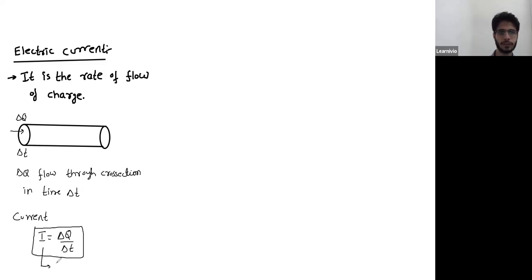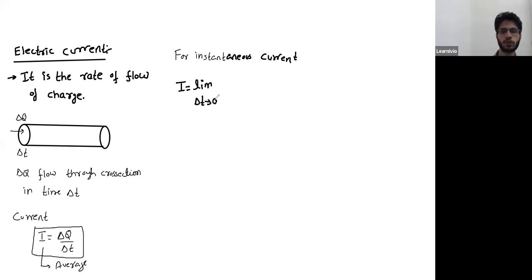Now this current is your average current. You can as well calculate instantaneous current. For instantaneous current, you just shrink the time interval delta T. Take the limit delta T tends to 0 of delta Q over delta T. This would be dQ over dt.